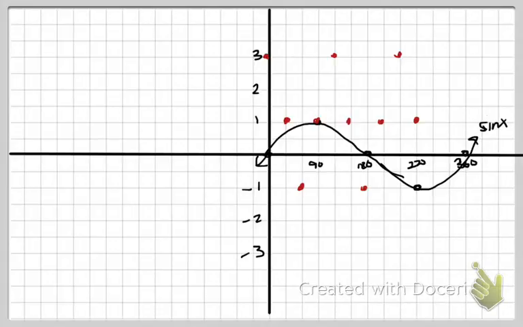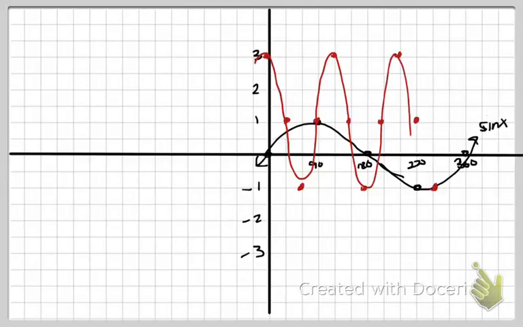And I think we went up to 300, so (300, -1). All right, so there's our function.